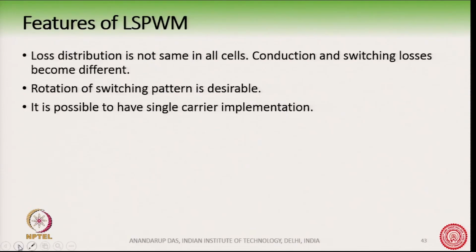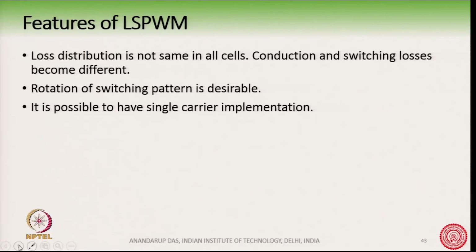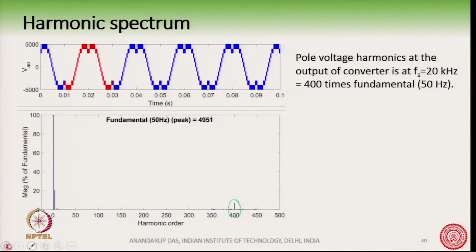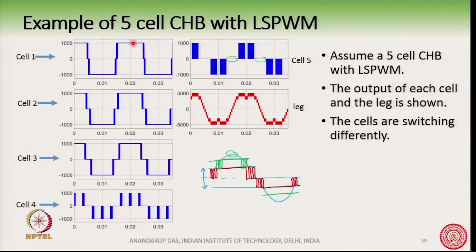Now, when you see the level shift PWM, we find that the loss distribution is not the same in all the cells. Conduction and switching losses are different. This is very easily understood from this waveform here.